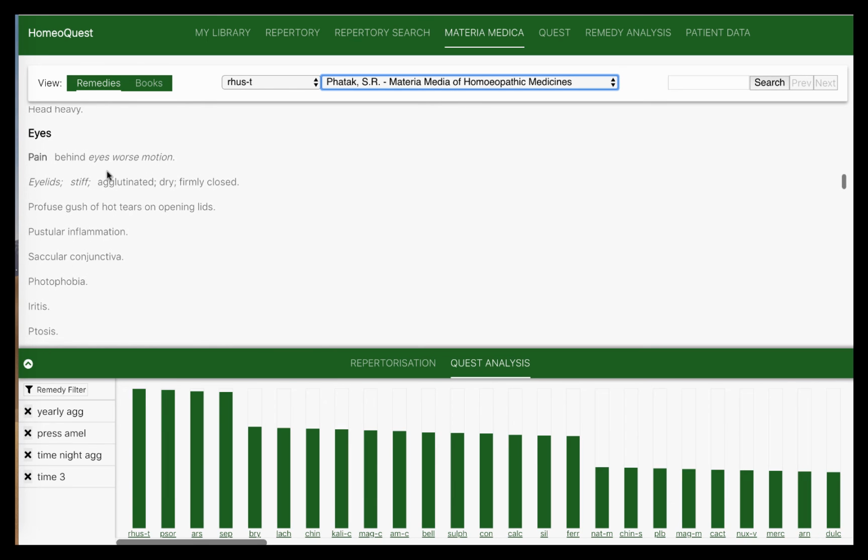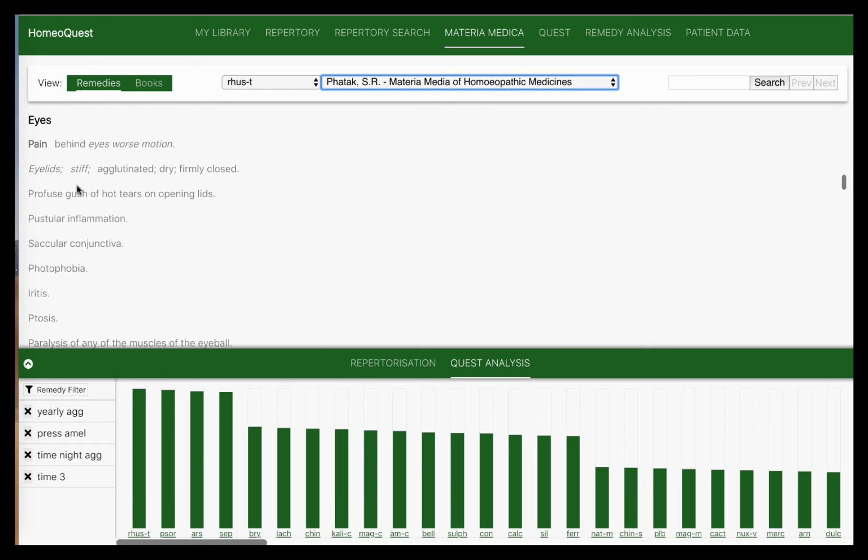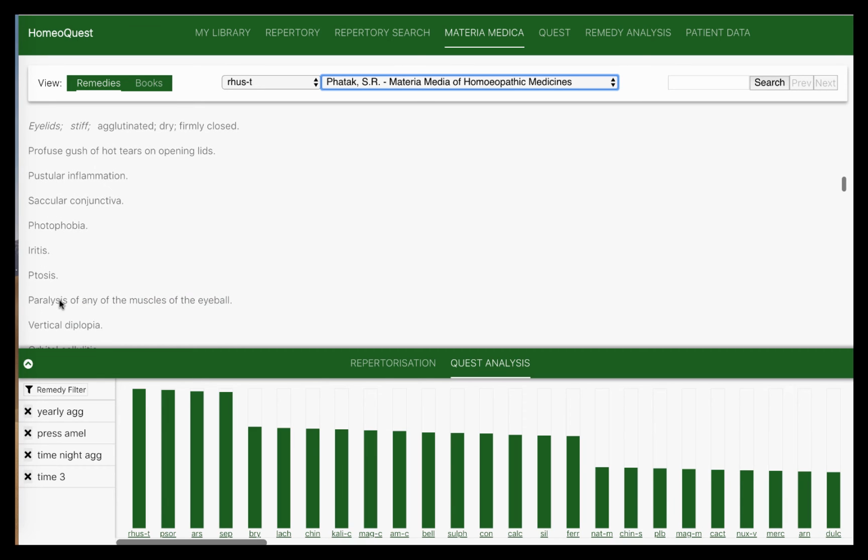There you go, pain behind eyes. You have profuse tears, pustular inflammation, saccular conjunctiva, photophobia, and iritis. So it has a very strong effect on the iritis as well. So that's what we have here. Farokh's book strongly recommends Rhus tox.